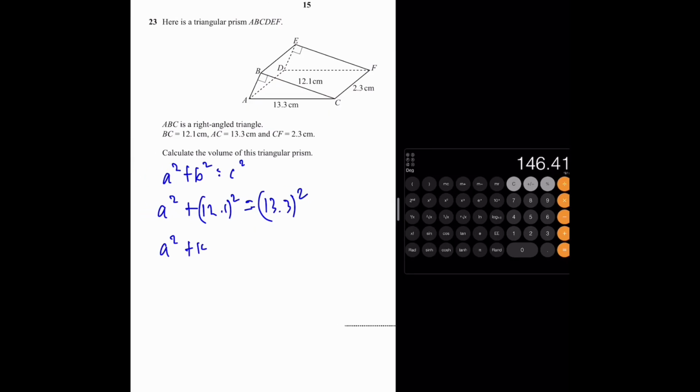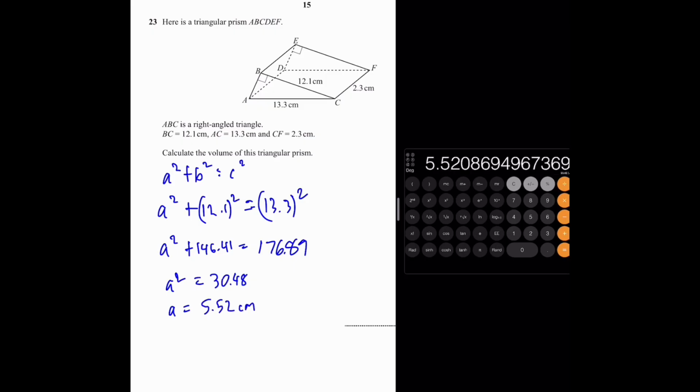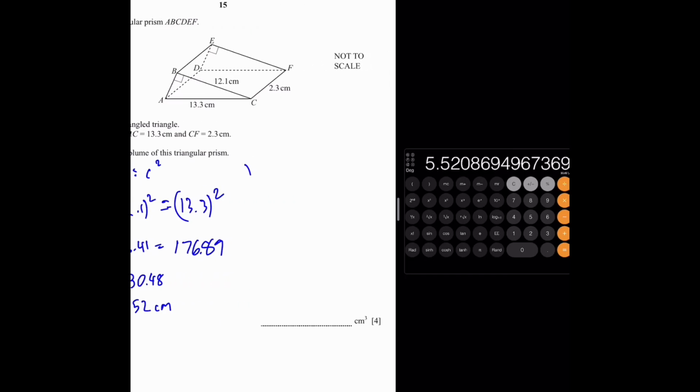A squared plus 146.41 is equal to 13.3 squared, which is equal to 176.89. So A squared is equal to, just subtract here, 146.41. There we are, 30.48. A is equal to square root of that, 5.52 centimeters.